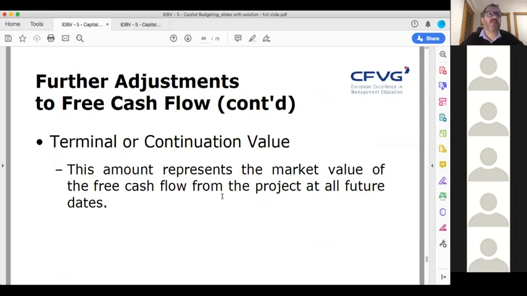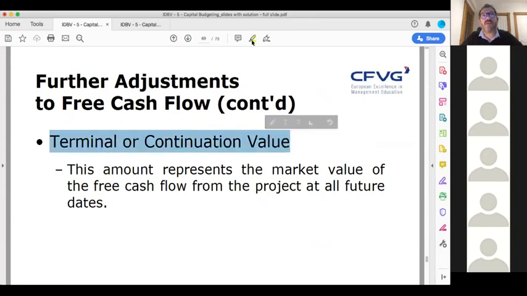And you should see a slide called further adjustment to free cash flow, continued. And now we talk, instead of considering that we sell the machine, we consider that we're going to take into account a terminal or a continuation value. So it's like what we did the first day, when we did time value of money. We had this hot internet company.